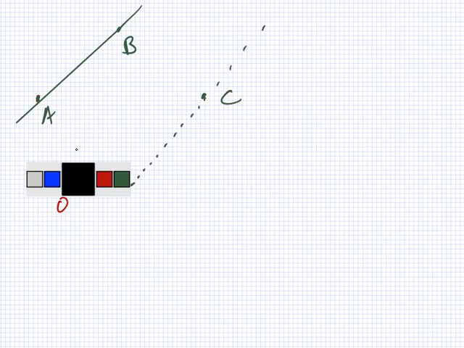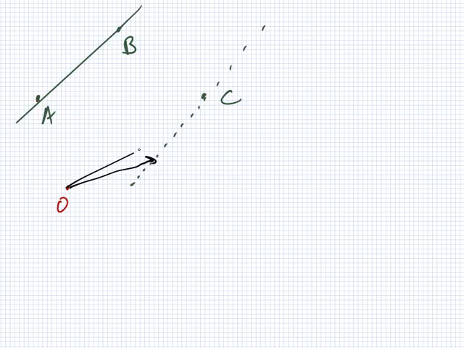So basically this time I want a line parallel to AB instead of through AB. So we're given A, we're given B, we're given C. I want the line that goes through C parallel to AB. Did you get that? Yeah?